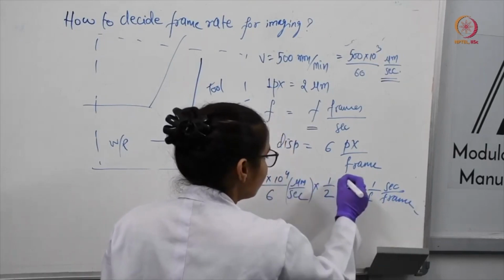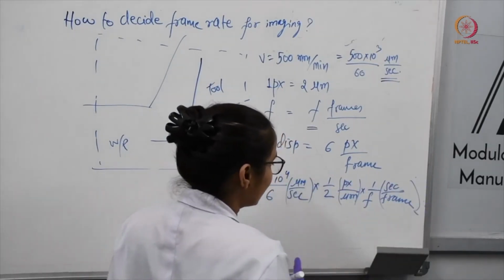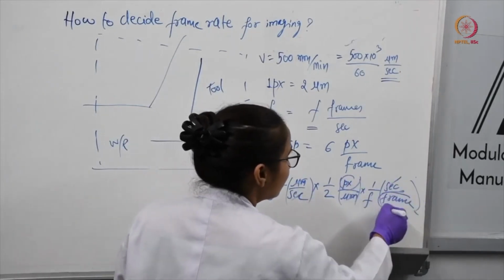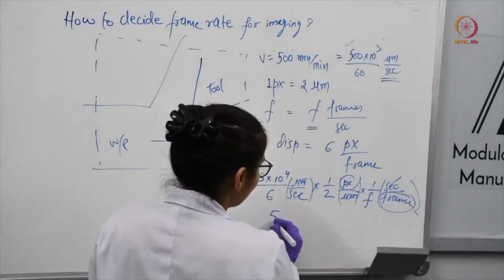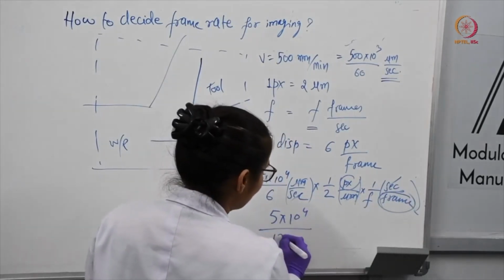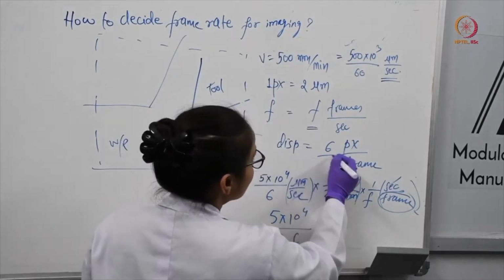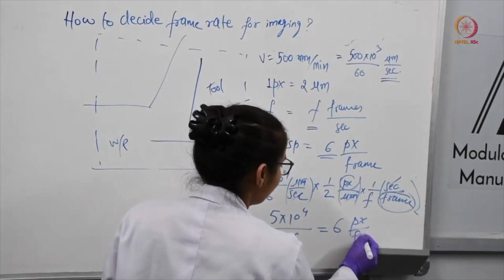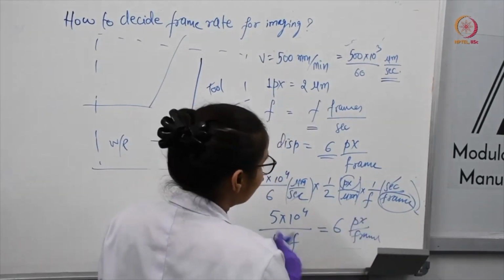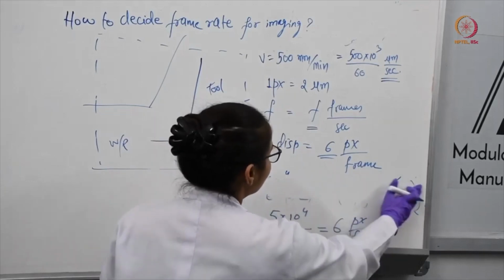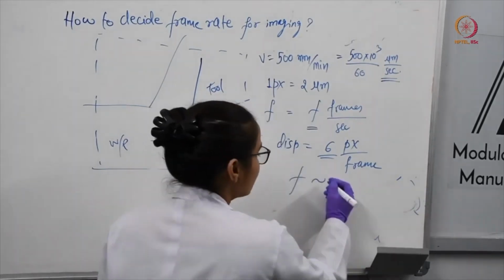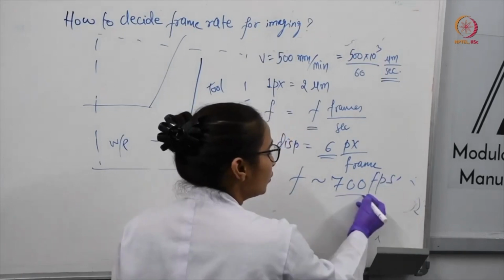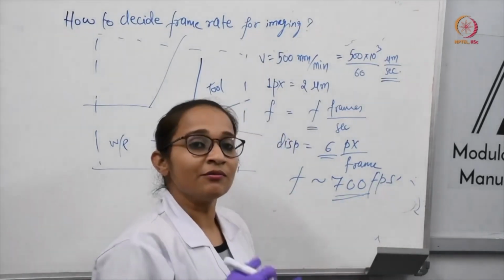If you see, this whole quantity on multiplication is going to give us pixels per frame. So 5 into 10 power 4 divided by 12f is equal to our displacement limit that we have decided, 6 pixels per frame. Solving this gives approximately 700 FPS. That's how we have to decide FPS while imaging.